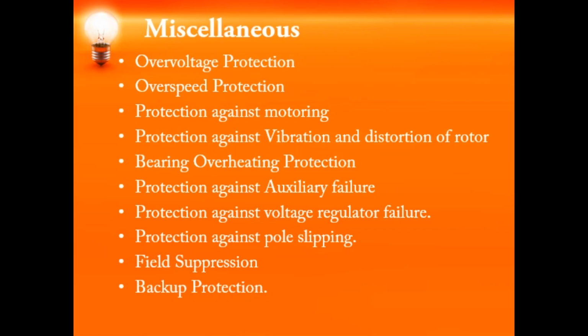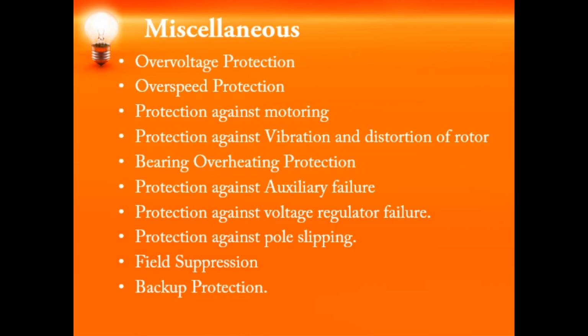That means, for large generating sets, we need to protect against loss of vacuum and the loss of boiler pressure, and even against the failure of the induced draft fans. Okay, so we need to protect each and every auxiliary equipment which is associated with the generating set.